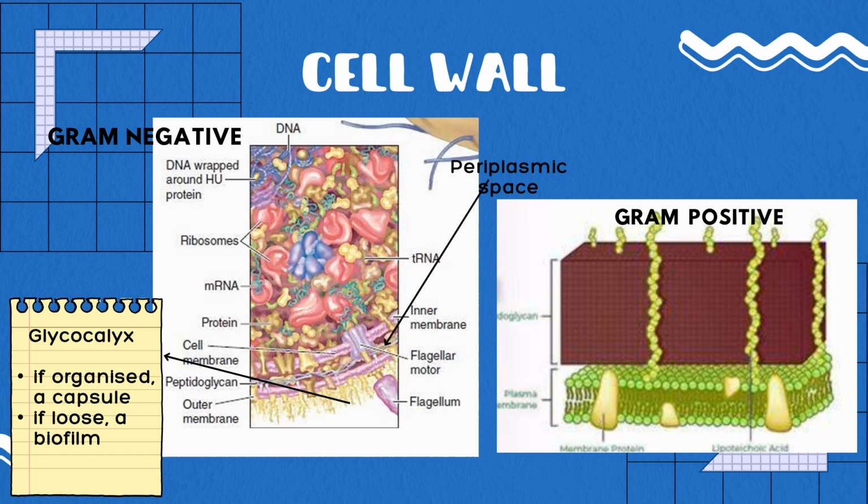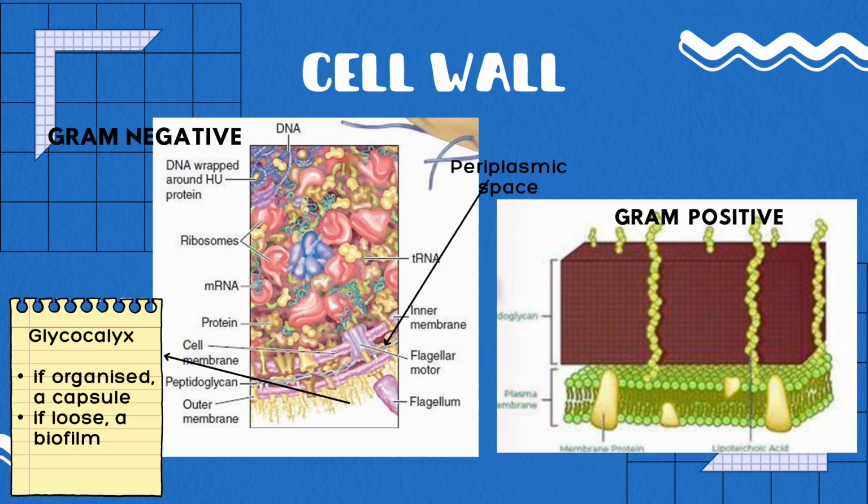If it is not organized, if it doesn't have a pattern and it's loose, we call it a biofilm, or a slime layer. In this case, the purpose of the glycocalyx is just to adhere. It's more of an adhesive surface. It helps bacteria stick to surfaces, like your teeth, and over time it produces more and more sugar and carbohydrates as it sticks to those surfaces.